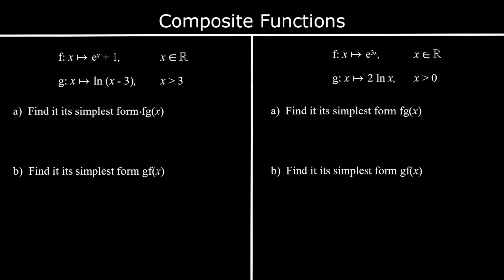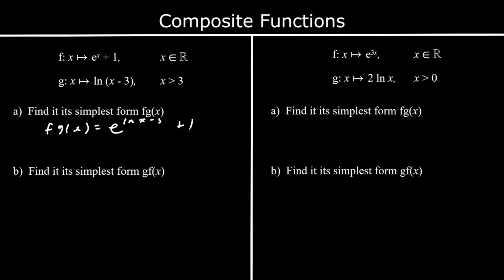So we're putting g into f. So wherever we have x in our f function, we're changing it into the natural log of x minus 3. So fg of x is e to the power of ln(x minus 3) plus 1.